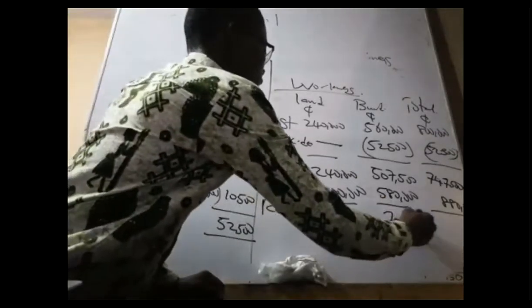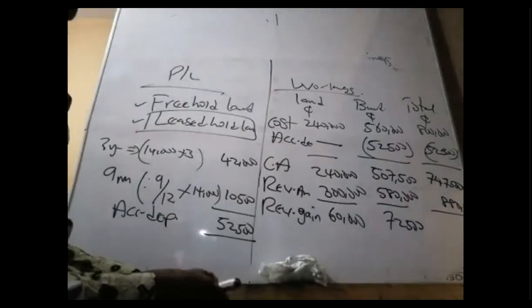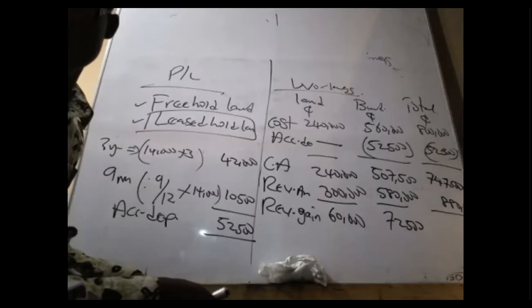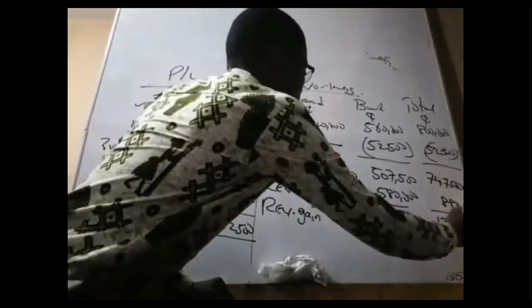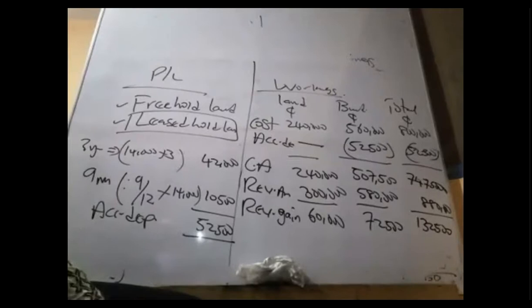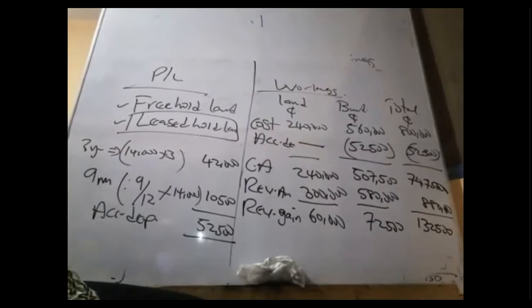In total, that will give us 60 plus this, 132,500. Can you confirm the figures? 132,500. So that will be the solution. Okay.